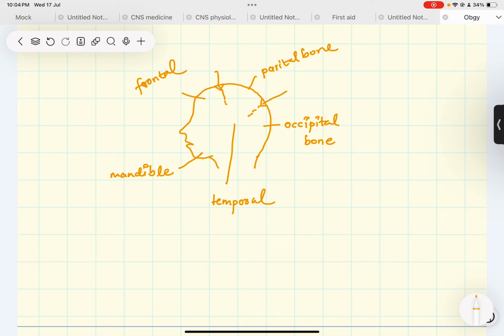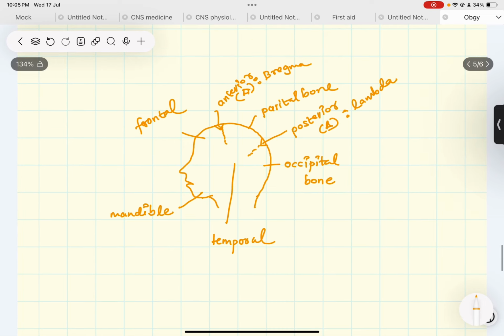Now the fontanelle, this is the anterior fontanelle and this is the posterior. One is diamond shaped, the other triangular. The anterior is also known as bregma and the posterior is also known as lambda. Now the sutures: this is the coronal suture, this is the sagittal suture, this is the lambdoid suture. They are not important here, but I am just telling.